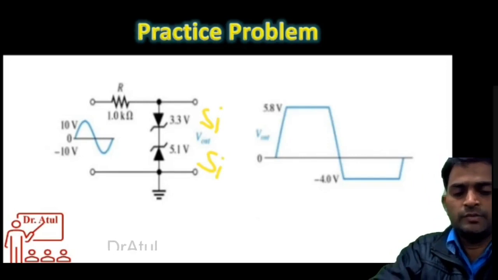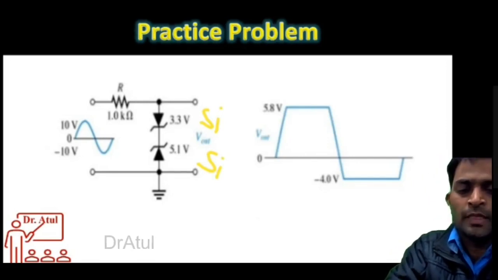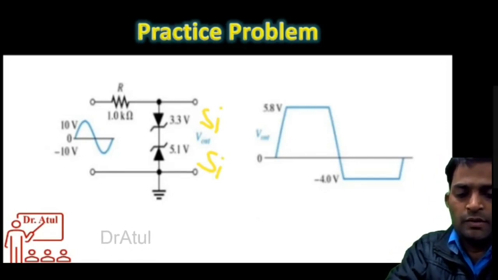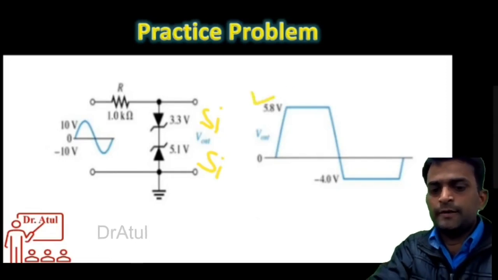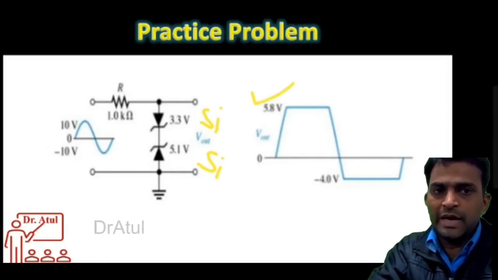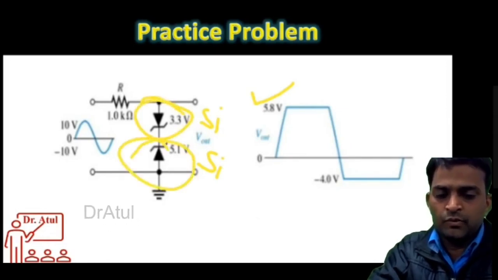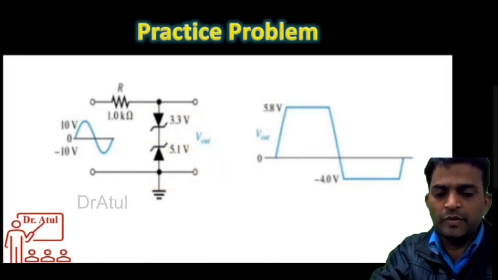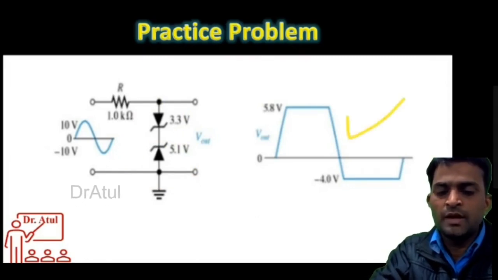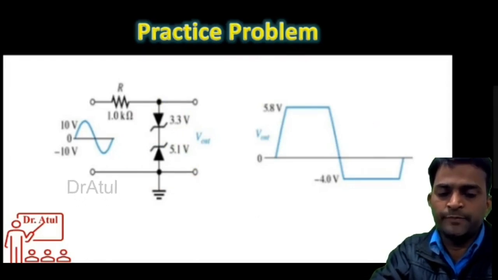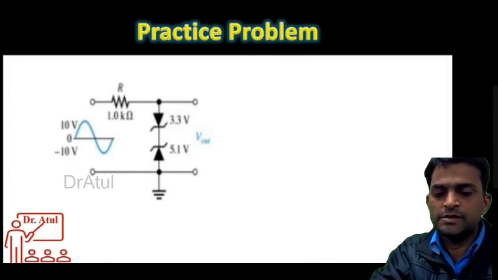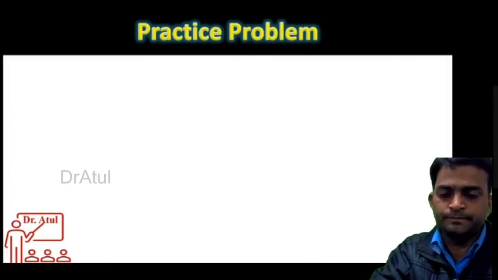So this 5.1 volt is in the reverse bias, and the 3.3 volt diode is in the forward bias. So the total diode voltage is 5.8 volt, and on the opposite side, this diode will be reverse bias and this will be forward bias. So the total voltage will be 3.3 volt plus 0.7 volt, that is minus 4 volt. Therefore, this type of waveform is coming out.